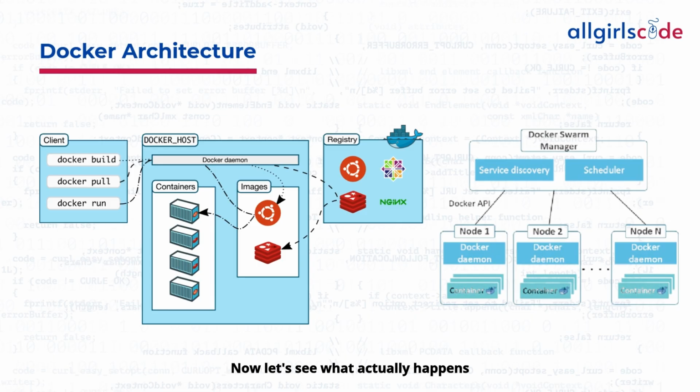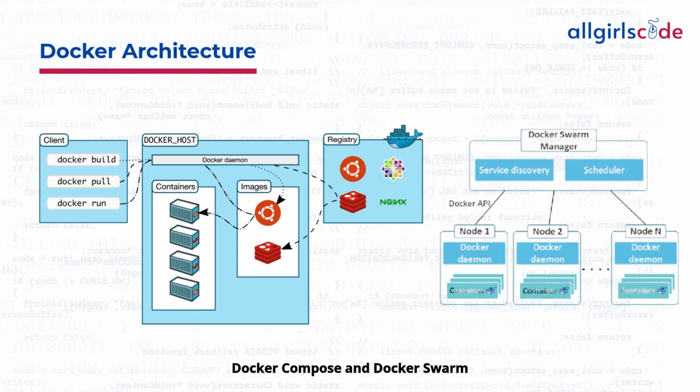Now let's see what actually happens architecturally. The CLI communicates with the daemon over a RESTful API. When you run, for example, docker run, the daemon checks local images or pulls from a registry. It then instantiates a container.